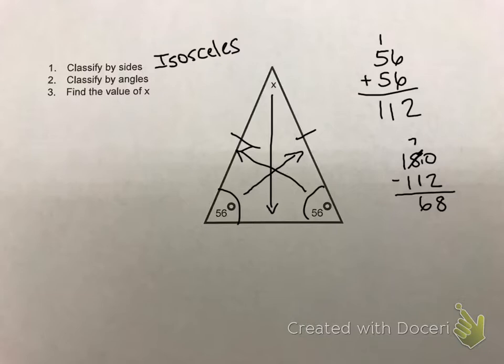So that means that all three angles are smaller than 90. So it is an acute triangle, and we just found the value of x, so x equals 68.